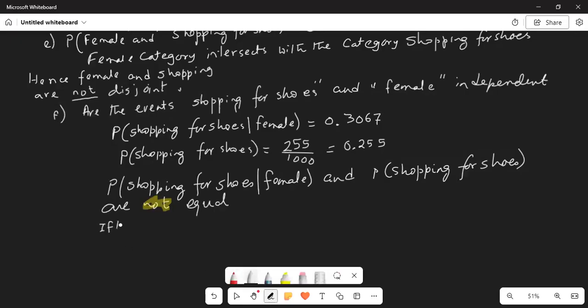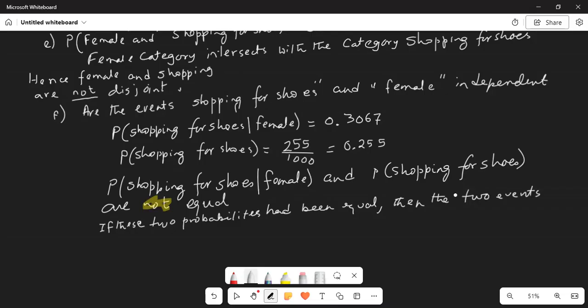If these two probabilities had been equal, then the two events, what are the two events?